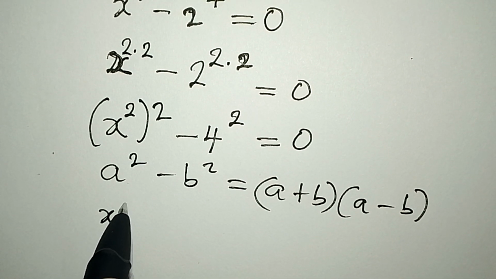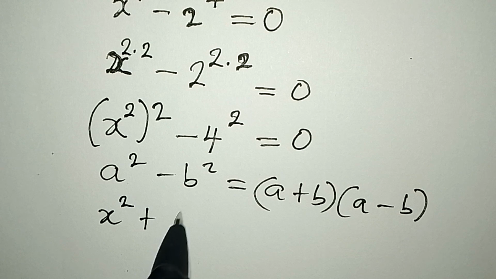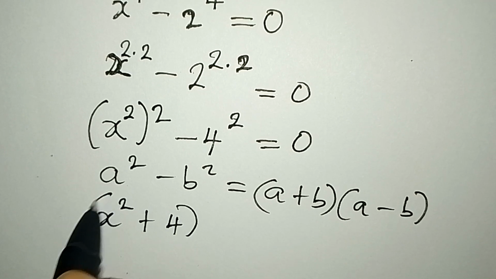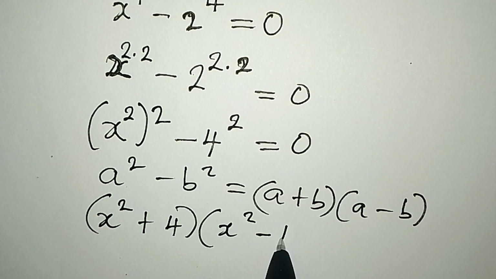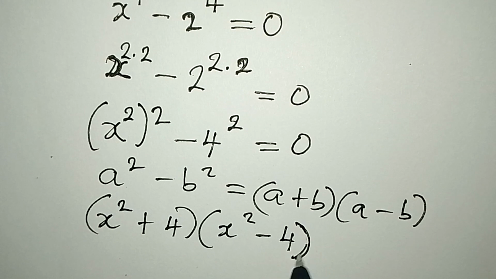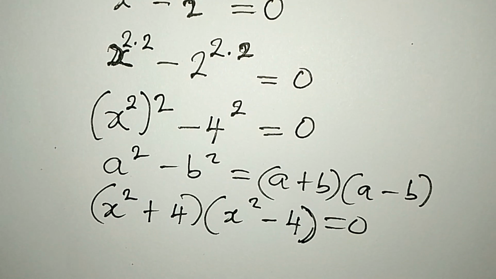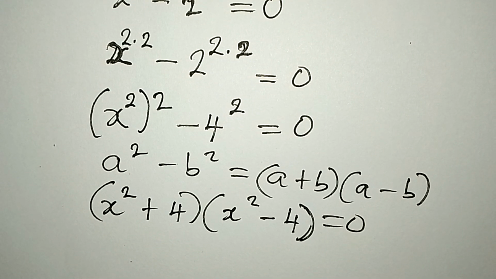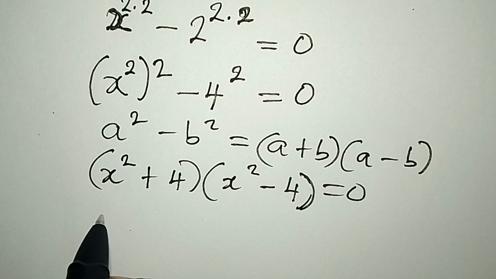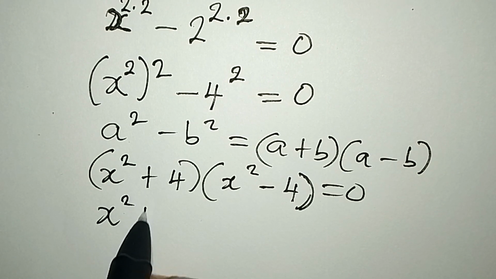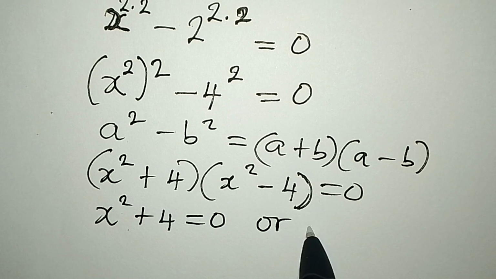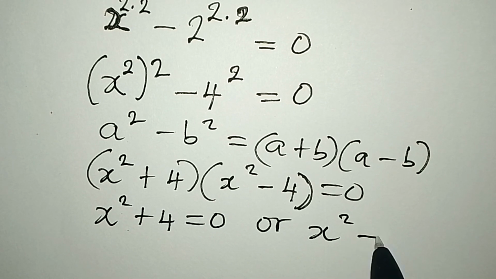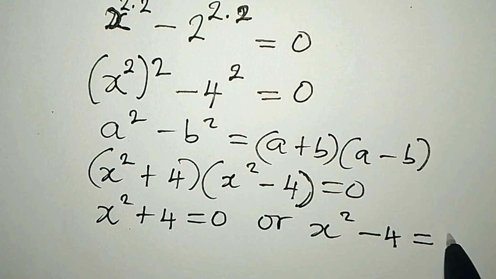So we're going to have x squared plus 4 into x squared minus 4, and this is equal to 0. Let's continue with this. From here, we can say that it is either x squared plus 4 is equal to 0, or x squared minus 4 is equal to 0.